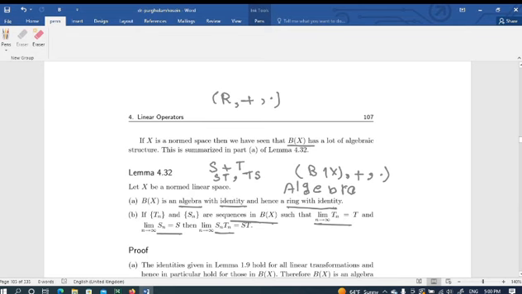If this ring has a number 1, such that A·1 equals 1·A and equals A, we say that this is a ring with unit.